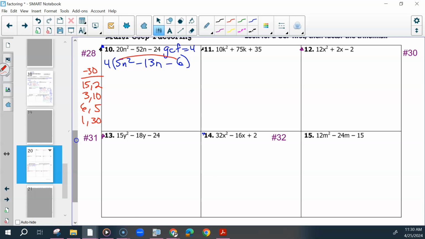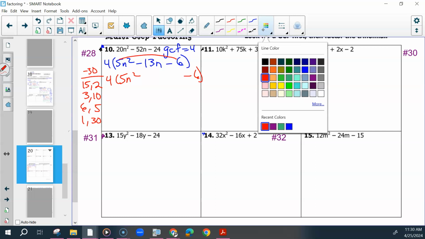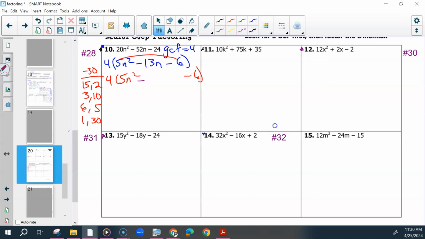One of them has to be negative, so that one wouldn't work, because it wouldn't multiply to be a negative. 15 and 2 would. So keep bringing down that 4 on the outside. Leave the first and the last. And put negative 15n plus 2n.